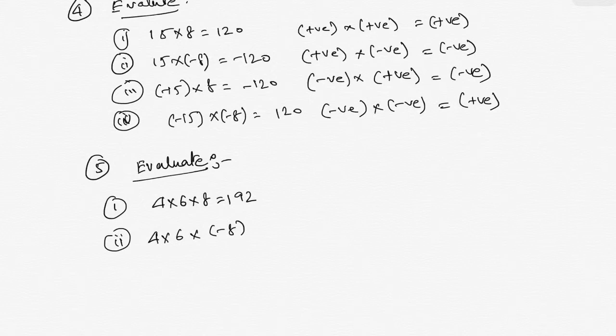Now two positives give a positive. Here it is negative, and one positive and one negative is negative. So this is minus 192, because it has one negative integer.